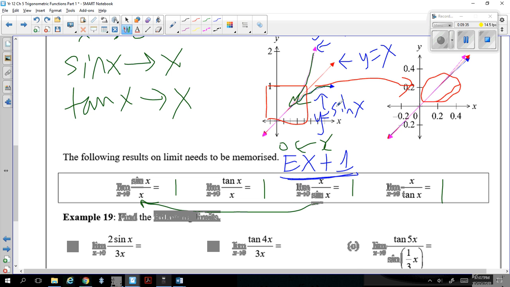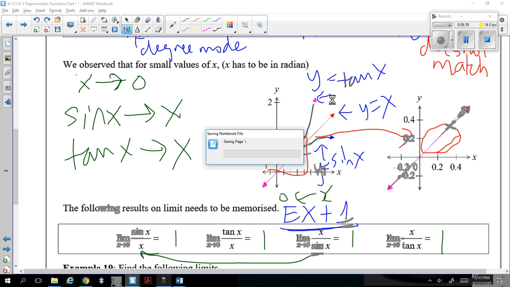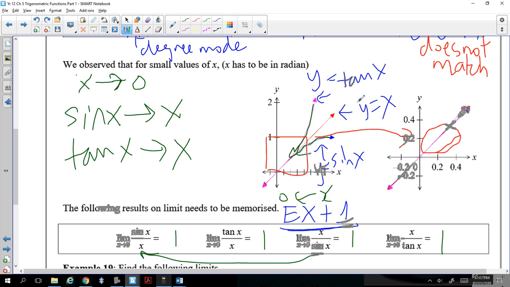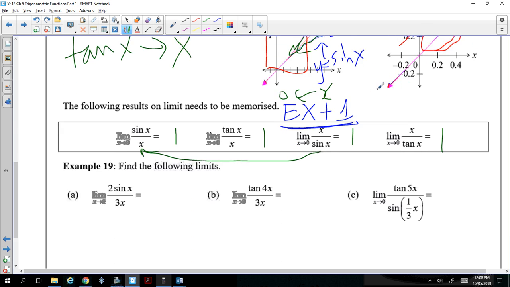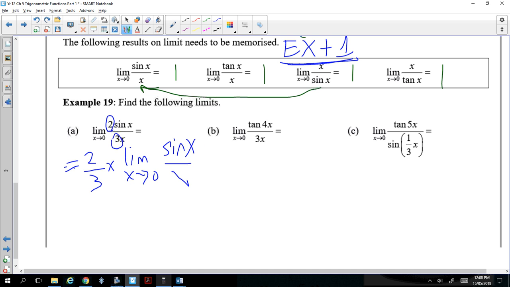Okay, good. So after this, we're going to do some examples, and then you can try the exercise. All right, let's do the examples. So how do I use this to do the example? If there's a number in front, you can take the 2 over 3 out. So write 2 over 3 times the limit as x approaches 0 of sine x over x. The number in front of sine and the number in front of x can be taken out.